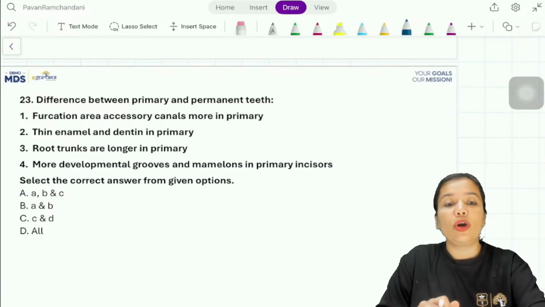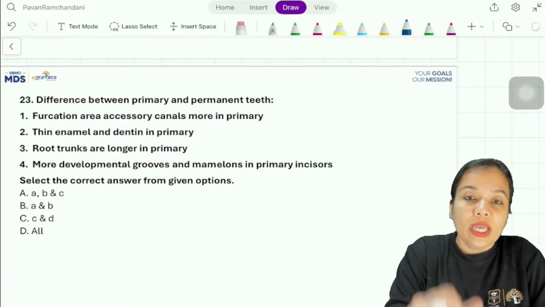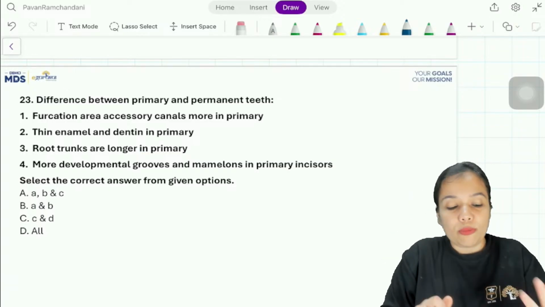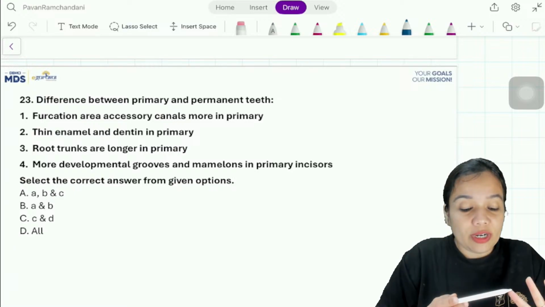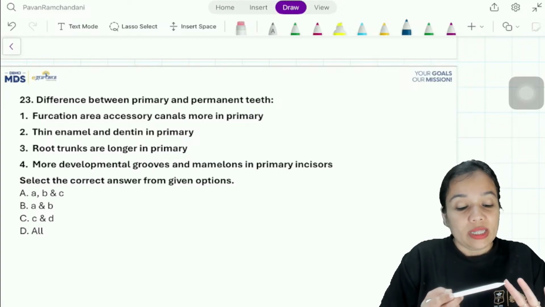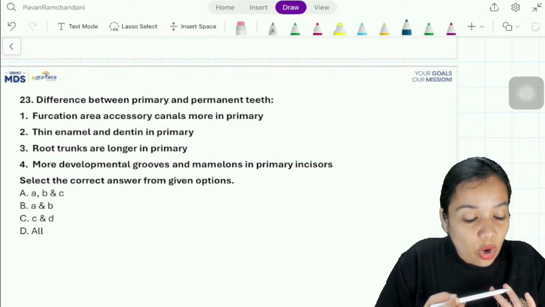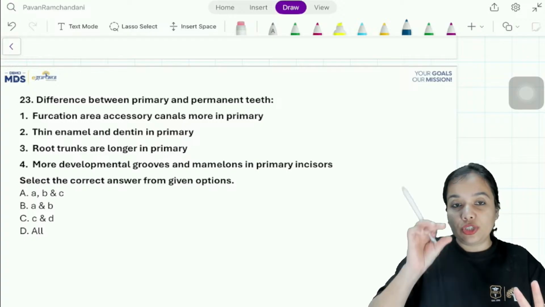Okay, coming on to question number 23, that is difference between primary and permanent teeth is. So 4 options they've given, 4 statements. Furcation area accessory canals are more in primary teeth, yes. Thin enamel and dentine in primary, yes. Root trunks are longer in primary, no, the root trunks are very small, they are shorter.